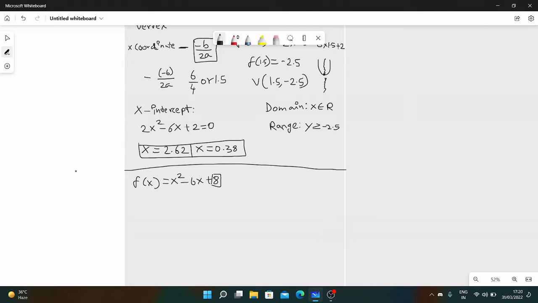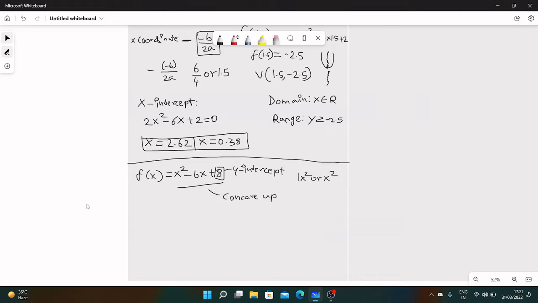Now we can just say the 8 is the y-intercept, and the coefficient of x squared over here is 1. 1x squared or x squared is the same thing. So we can take the coefficient as 1, it's positive. So we can say the parabola is going to be concave up.